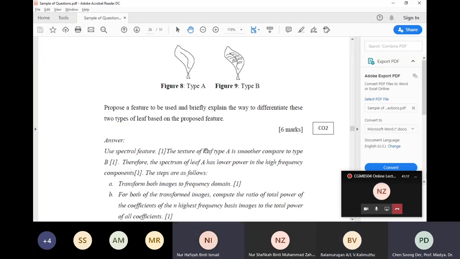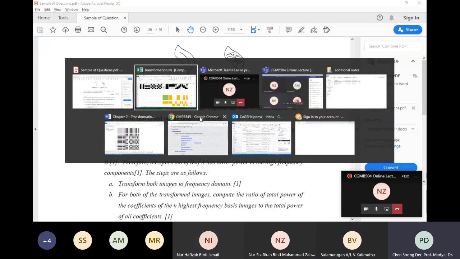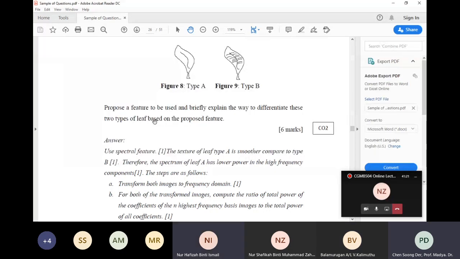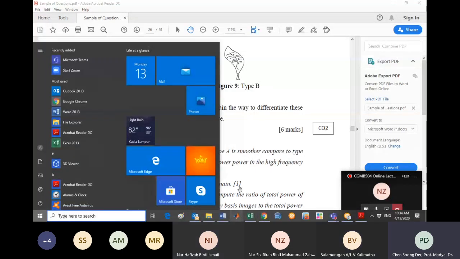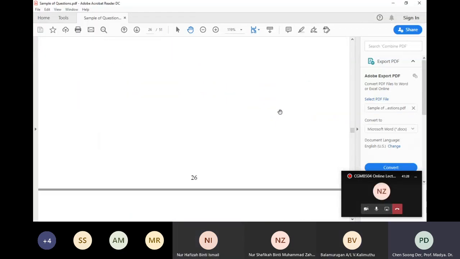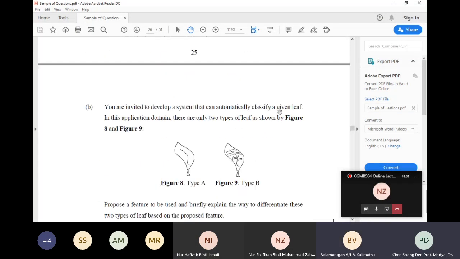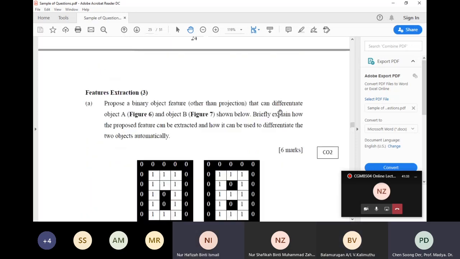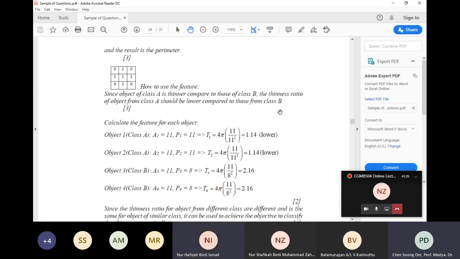Next, I have one more question, which is how to differentiate.